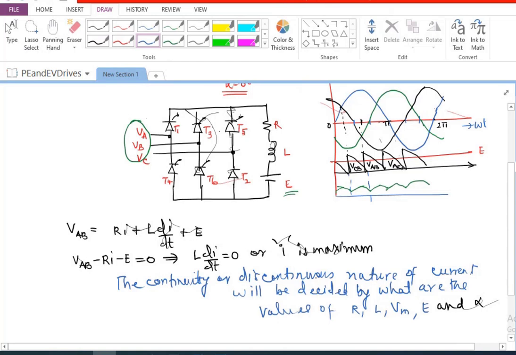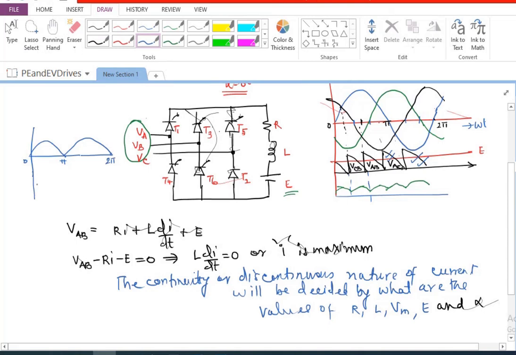So on the whole, what we can say is, compared to single phase converter, three-phase converter gets this voltage every 60 degrees. Every 60 degrees, the voltage gets replenished. Whereas in single phase case, we are going to have one voltage coming up like this from 0 to pi, and next, pi to 2 pi only, again the second voltage is coming up like this. This is in full wave rectifier with diodes.